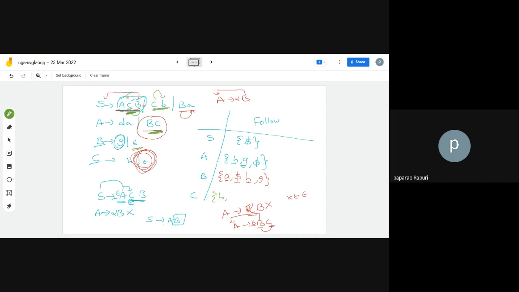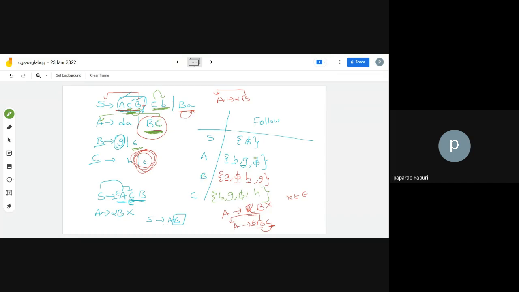So for that purpose, first of B means g, and follow of S means dollar. And coming to here, follow of C is equal to follow of A. In this, g is there, dollar is there, and we need to add h, sir. So this is the follow of C.